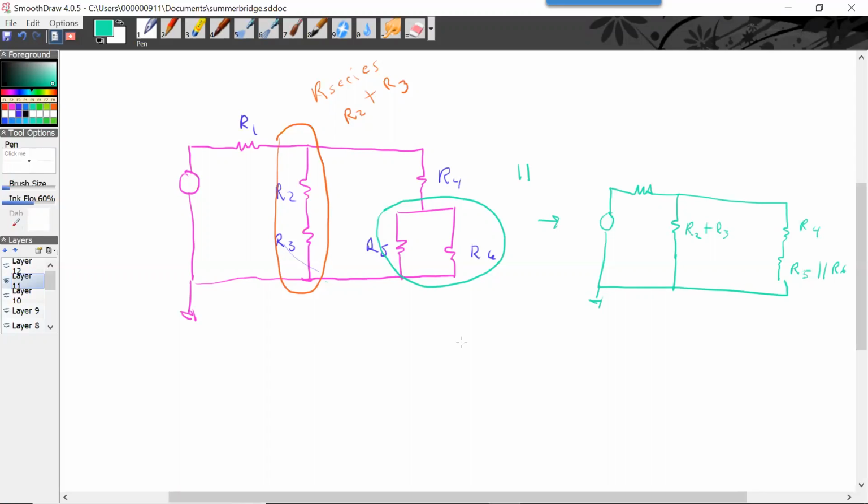And then I can go on and make this R4 plus the parallel combination of 5 and 6, right?